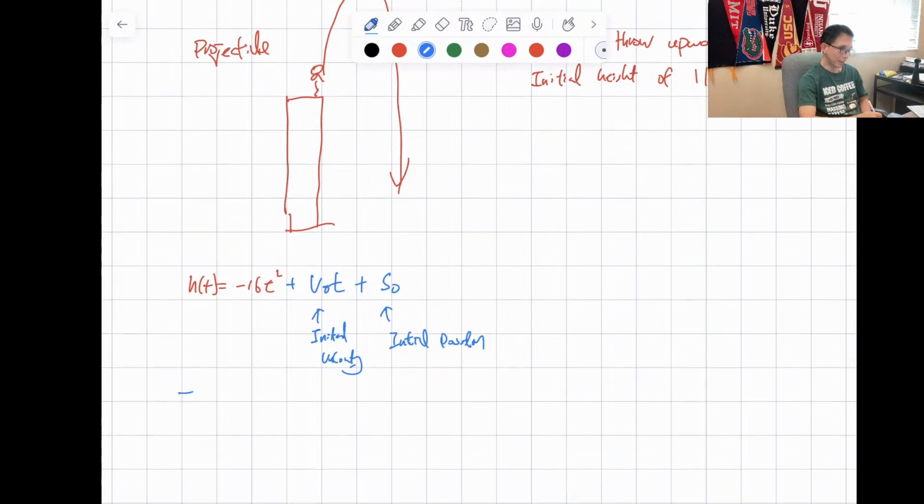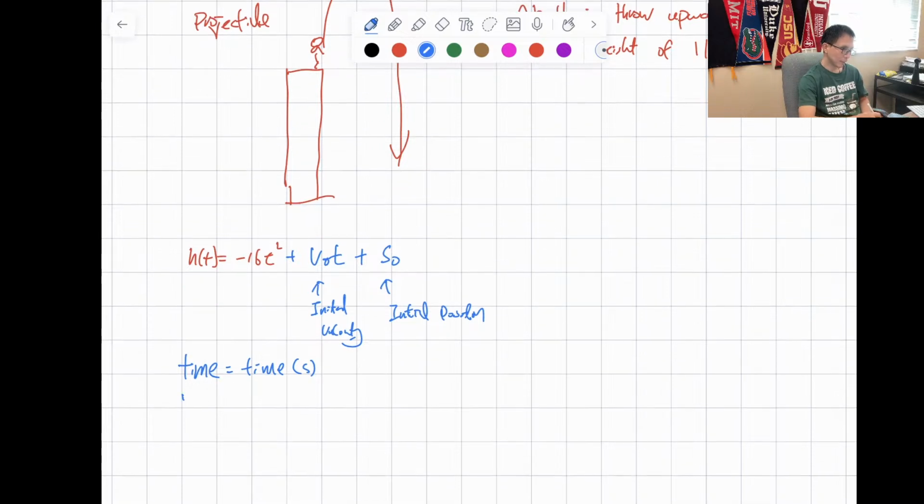T stands for time, usually in seconds. V0 means initial velocity. S0 means initial height.